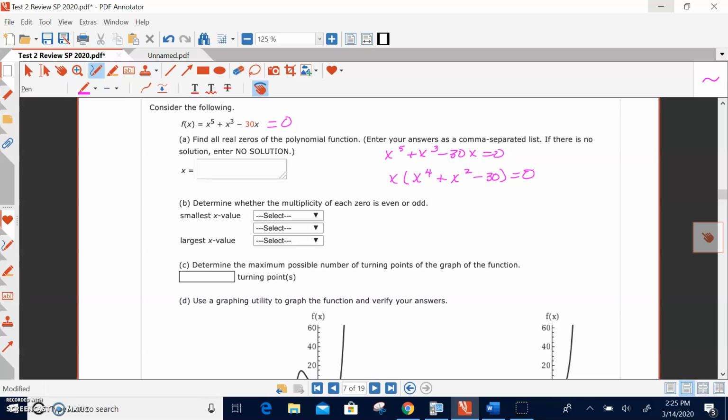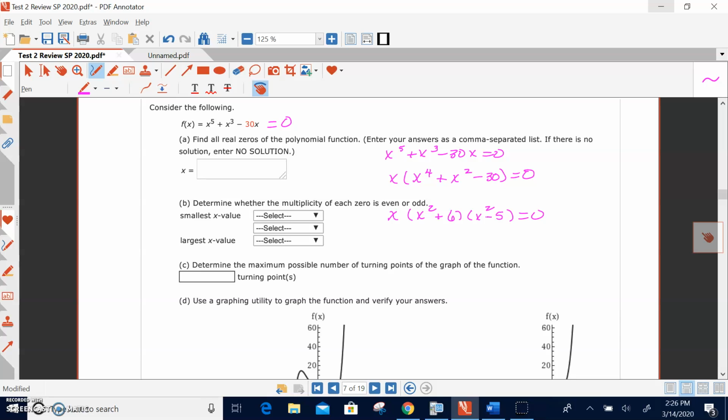Now let's go further. The x to the 4th plus x squared minus 30 will factor into an x squared and an x squared. To get a 30, I can go 6 times 5, and to get a positive 1, I'd go positive 6 and negative 5.